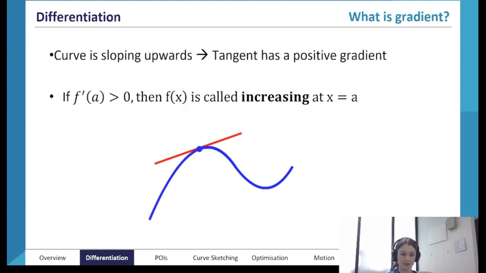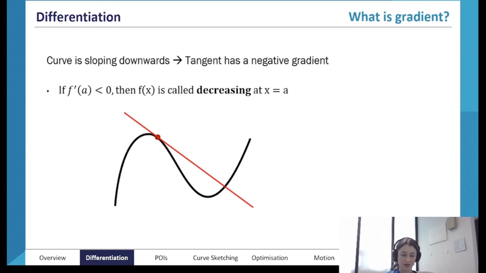So if we consider this point here in this diagram, point A, the derivative at point A is going to be greater than 0, and therefore that means that the curve is increasing. Conversely, if a curve is sloping downwards, reading it from left to right, then the tangent has a negative gradient.